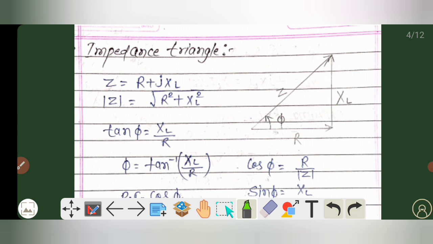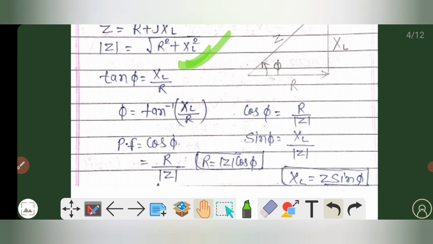If we draw the triangle with the combination of both the resistor and XL, that comes out to be the impedance triangle, and this is the equivalent Z, which is equal to R plus jXL. As you can see, Z is equal to R plus jXL, and the magnitude of Z comes out to be root under R square plus XL square.